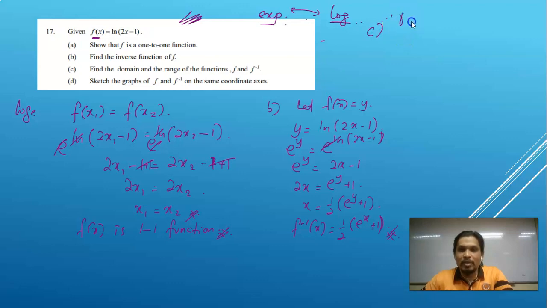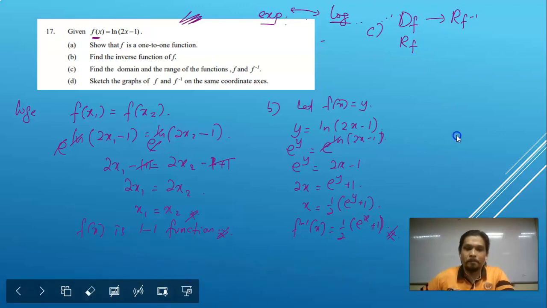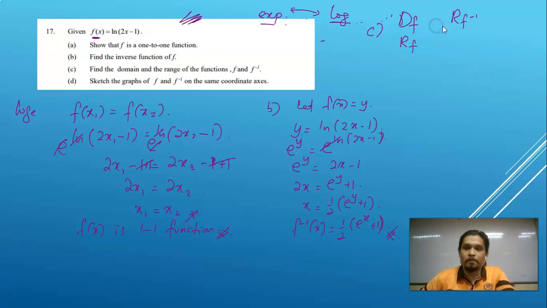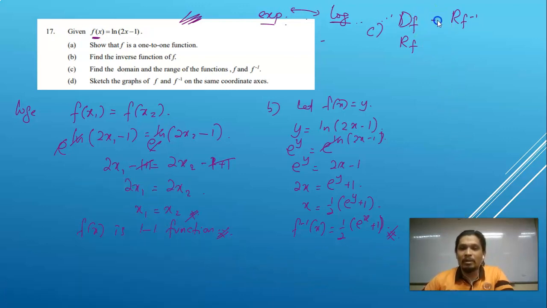The domain of f is equal to the range of f inverse, and the range of f is equal to the domain of f inverse.